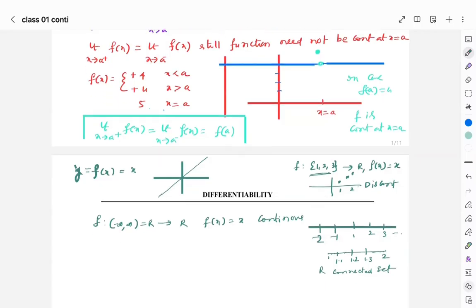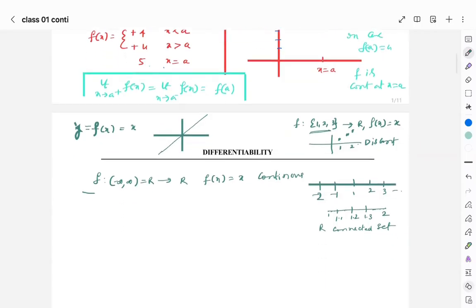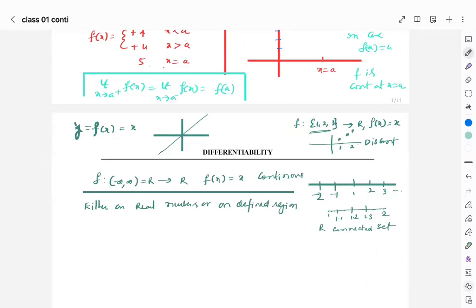So generally we discuss continuity either on real numbers or on a defined region. What I mean by a defined region: if I take f of x as log x, it is not defined for all x.